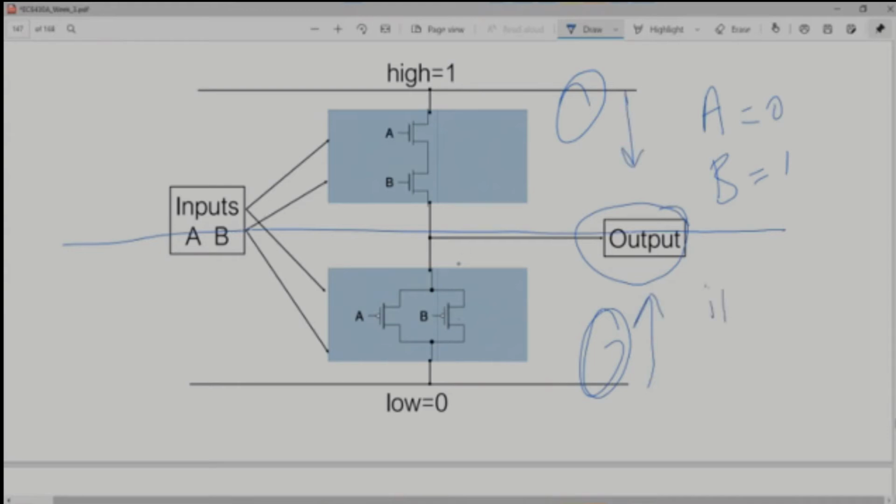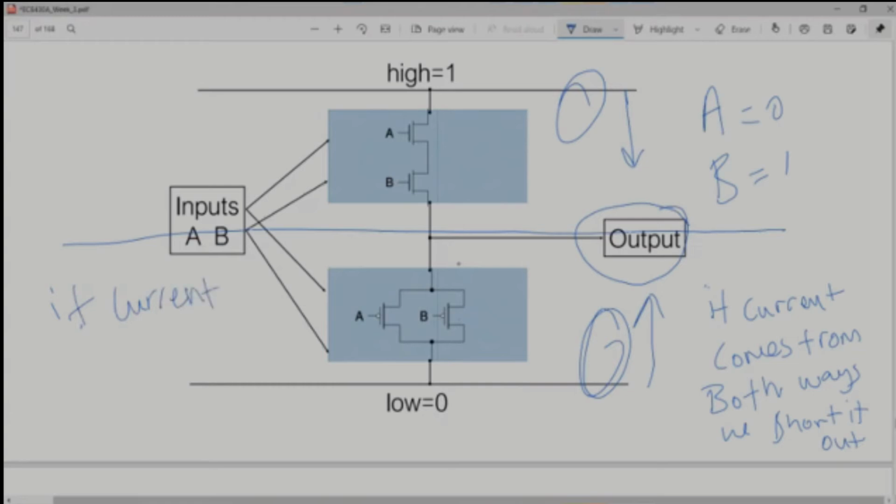If we have both, we short it out. If current comes from no ways, we get undefined. And we don't want either of those.